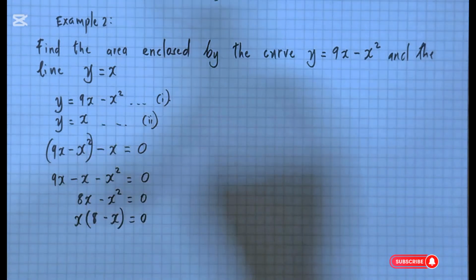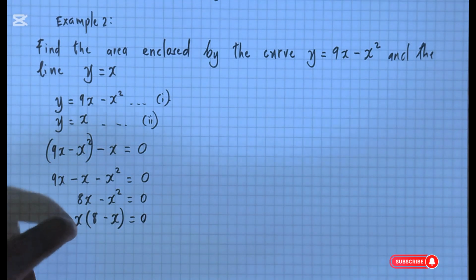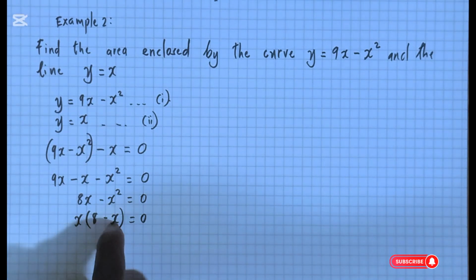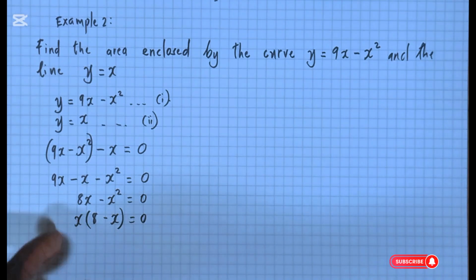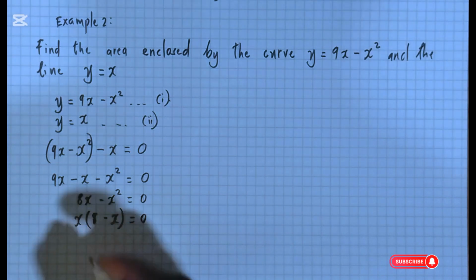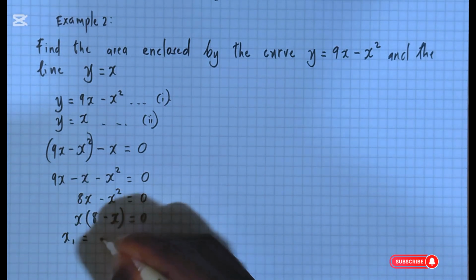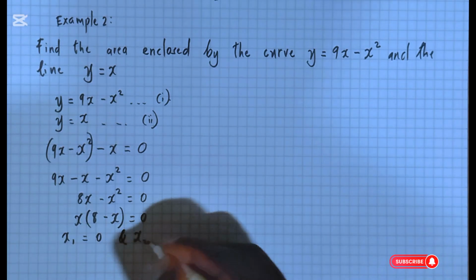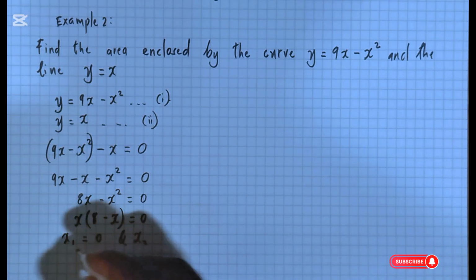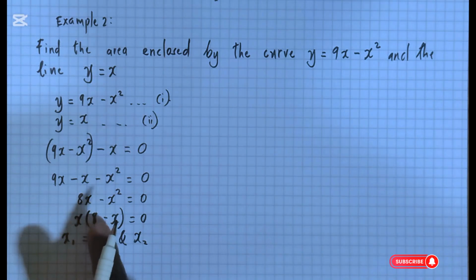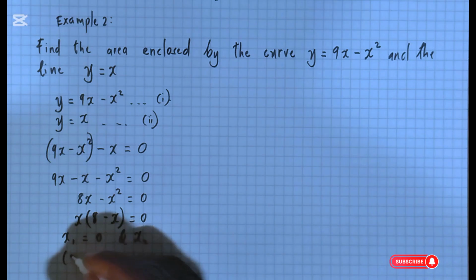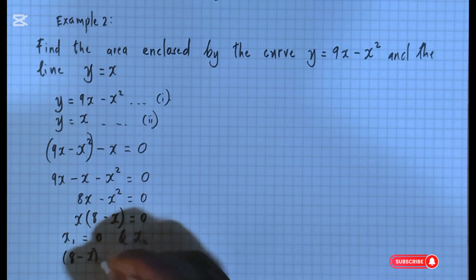That means that we have two values of x. It's either the x outside the bracket that is equal to 0, because any number multiplied by 0 will give us 0, or whatever we have in the bracket will be 0, 8 minus 8 giving us 0. So basically, x1 will be equal to 0, and x2 is given by 8 minus x equals 0.